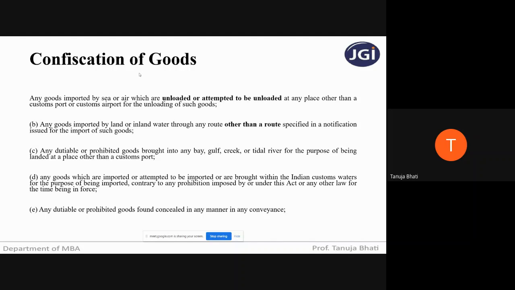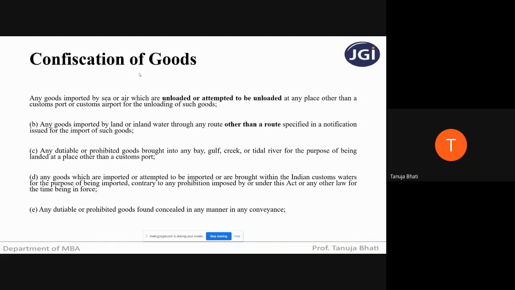If anything has been contravened while carrying out this customs procedure, import export procedure, any notified goods that are notified by the customs authorities, any particular procedure contravened, meaning going against the Act, going against the rules that are framed, then if the importer or exporter goes against that, his goods are liable for confiscation. So this is the complete part on confiscation of goods.